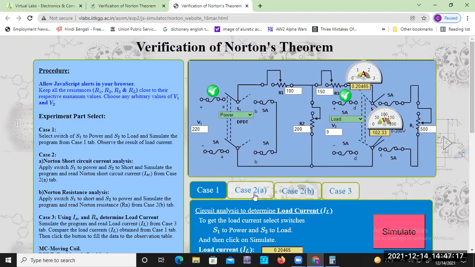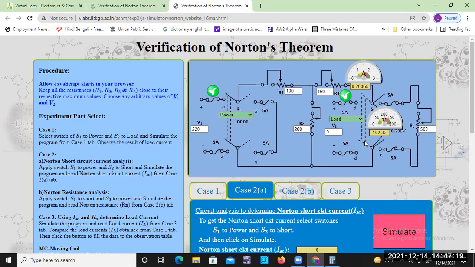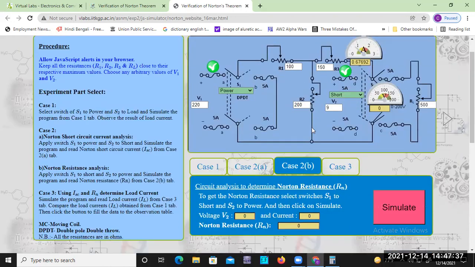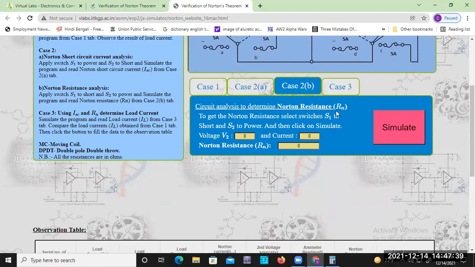Then case 2 is for the short circuit current. So we have to measure the short circuit current. Just make it short, and then simulate it. Yes, the short circuit current is 67659, something like that.